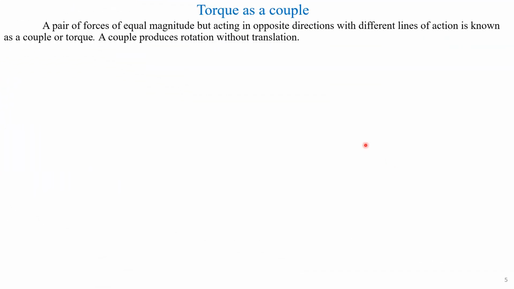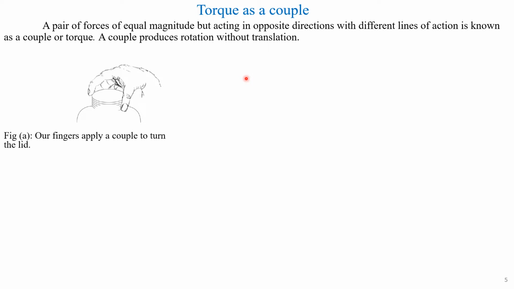Torque as a couple. A pair of forces of equal magnitude but acting in opposite directions with different lines of action is known as a couple or torque. A couple produces rotation without translation. Please see the figure. We come across this in opening the lid of a bottle.